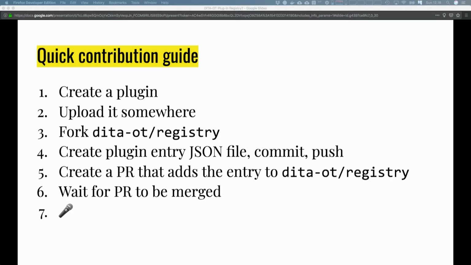A longer version would be create a plugin, upload it somewhere because it needs to have a URL where you can download it. Or the registry, that's kind of like a GitHub term. You create a JSON file for it, and then you spend a week thinking about which versions of the toolkit this actually works on.